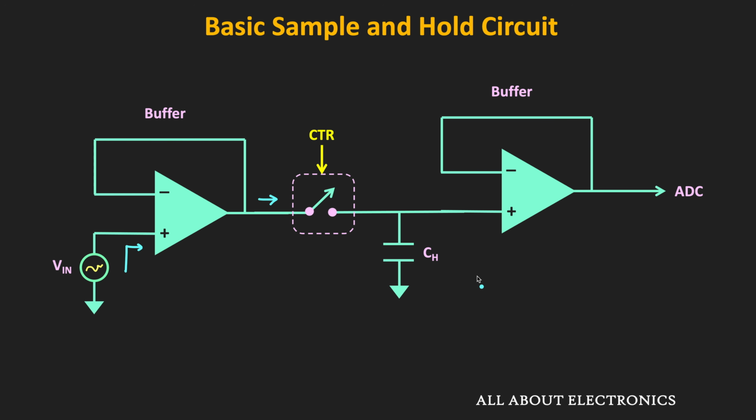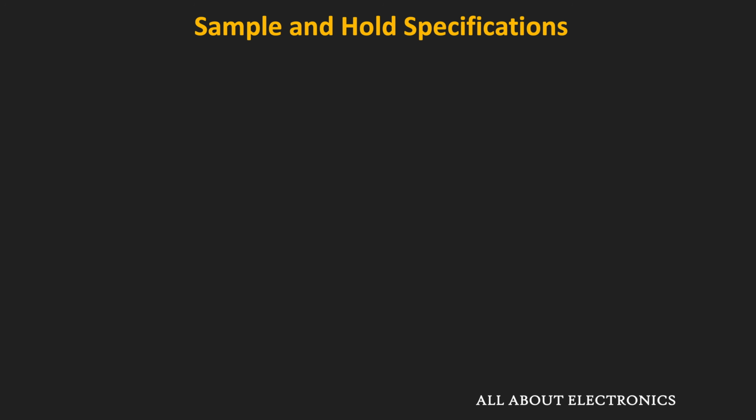So now, let us see some of the basic specifications of the sample and hold circuit. By knowing the specifications and the meaning of them, we can choose the right sample and hold for the specific application. Typically, the sample and hold specifications are categorized into four parts.